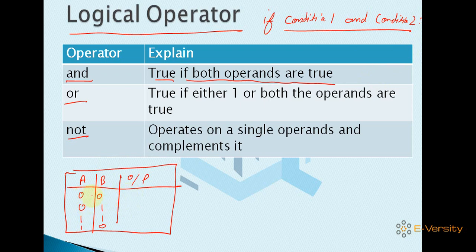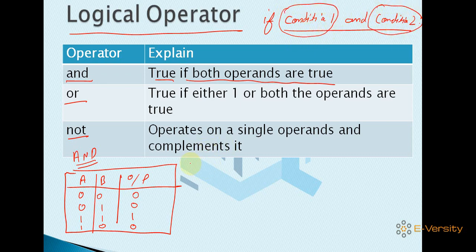If both are false, the result is false. If any of the conditions is false, it always gives false. But when both conditions are true, it returns true. That is the AND table. When you use the AND operator between two conditions, these are called two operands.